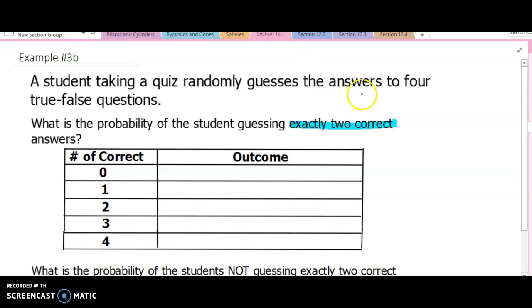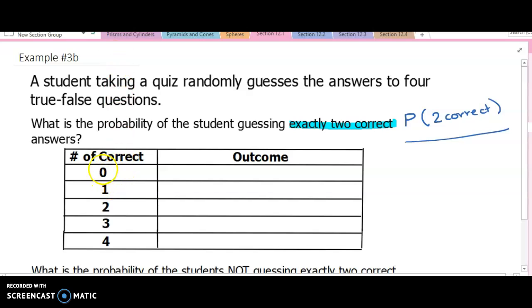When I write this, and this is a whole different notation, and we'll continue doing it so you'll get used to it, the probability of 2 correct. We would write it like that. Like I said, we're going to do this a whole lot, so it's okay if you're not comfortable with it. Take note that we're not talking about did they answer true or false. We're talking about did they answer correct or incorrect.